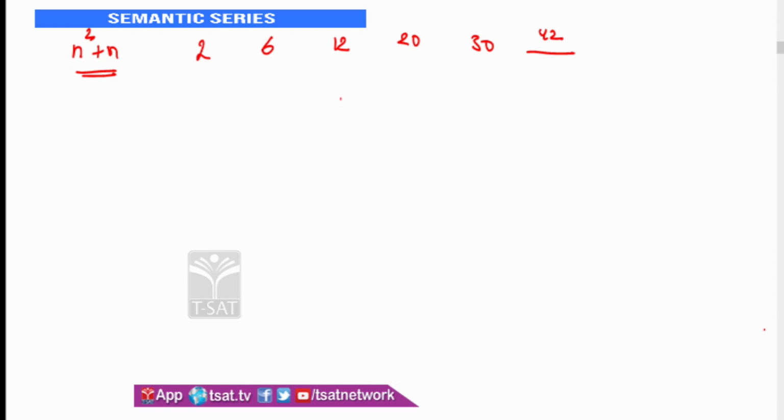I said that if you are unable to identify the pattern, the next step you can do is take the difference. So, what is the difference between 2 and 6? It is 4. Here the difference will be 6. Here the difference is 8. Here 10. So, even though you are unable to recognize the pattern of n square plus n, if you take the difference, then obviously you can find out the answer.